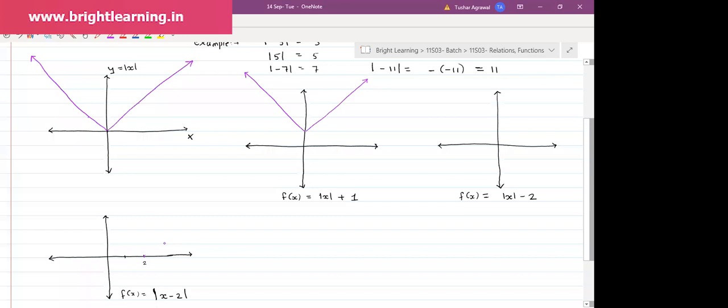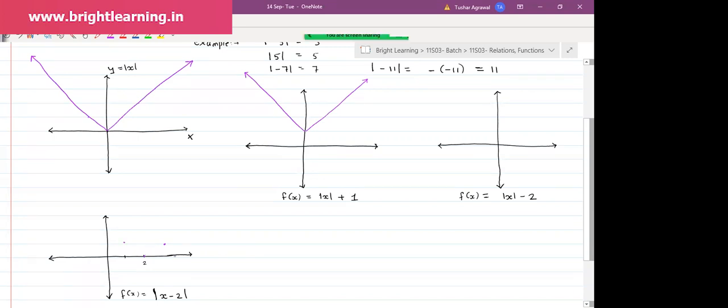One step to the right of 2 means at x equal to 3, so inside the modulus it becomes 3 minus 2, that is 1. So modulus of 1 is 1. One step to the left of 2, that is at x equal to 1, inside the modulus sign it becomes 1 minus 2, that is minus 1. Its modulus is 1.